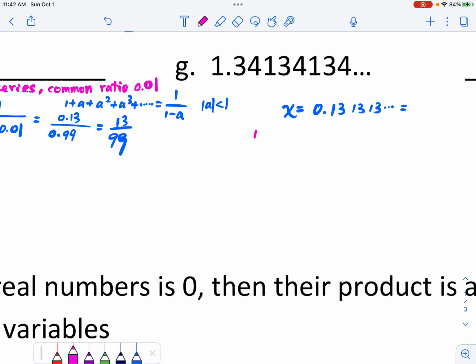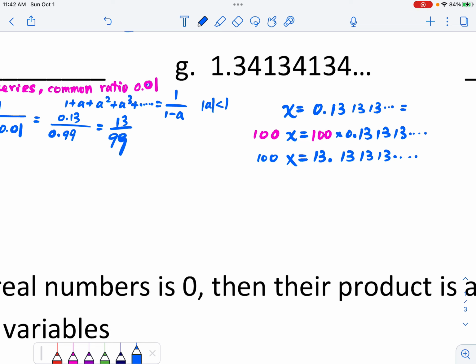Now let's multiply both sides by 100. So 100x equals 100 times 0.131313 and so on. When you multiply by 100, you just move the decimal twice to the right, so 13.131313 and so on and so forth.